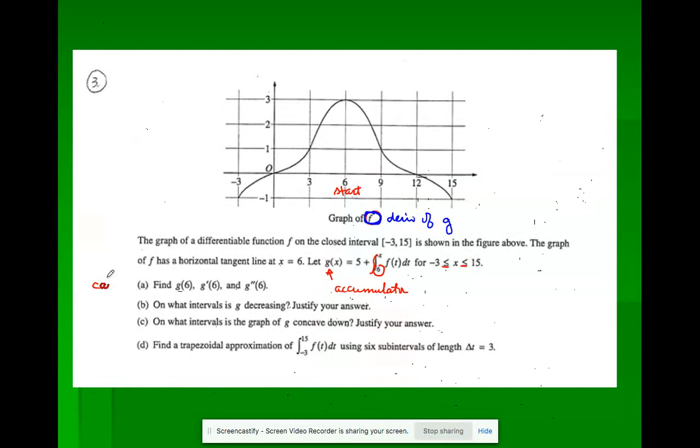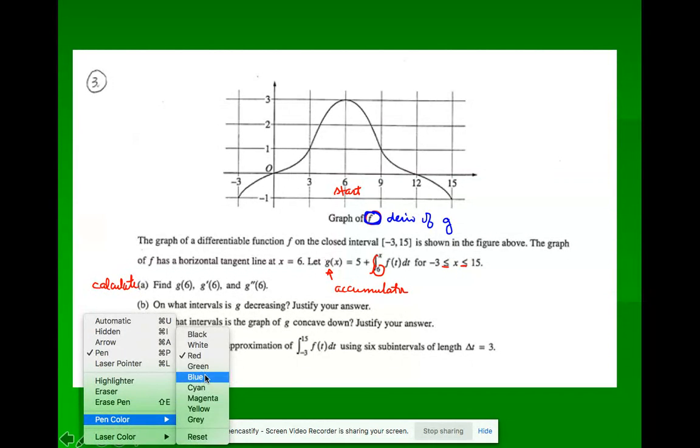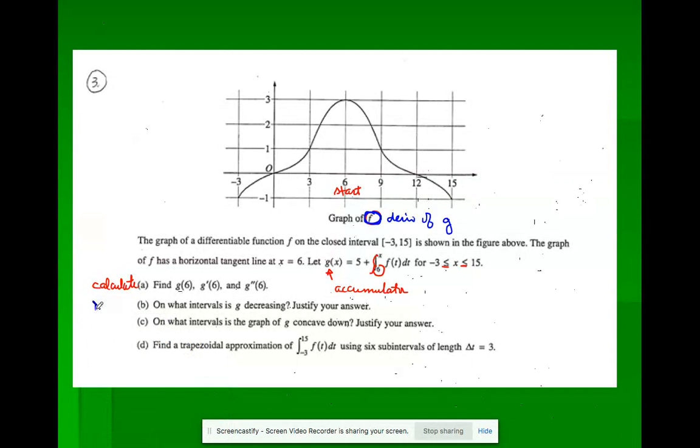So this is calculate. This is derivative tests. Well, it's a trap.